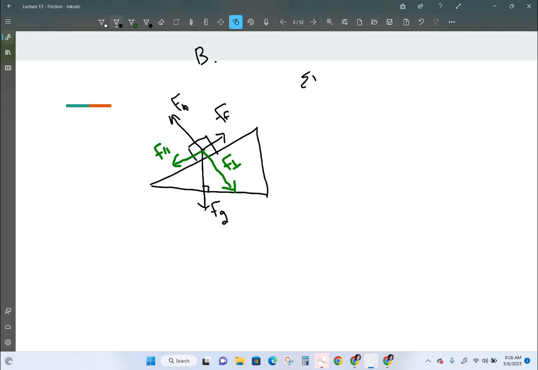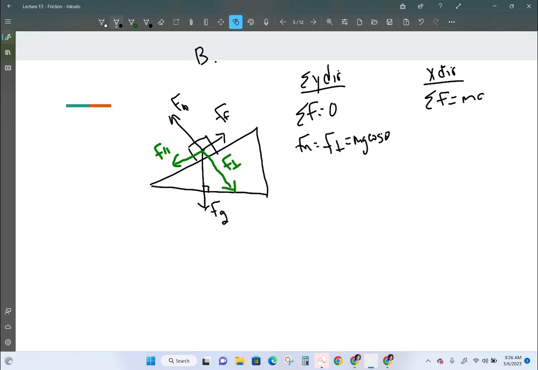So in the y direction, all the forces are going to add up to 0, and in this case, that means that the normal force is equal to F perpendicular, which is mg cosine of the angle of the incline. And in the x direction, all the forces do not add up to 0, and it's going to accelerate.